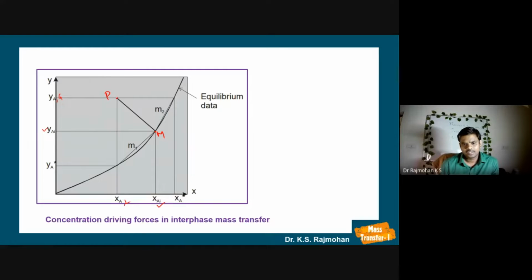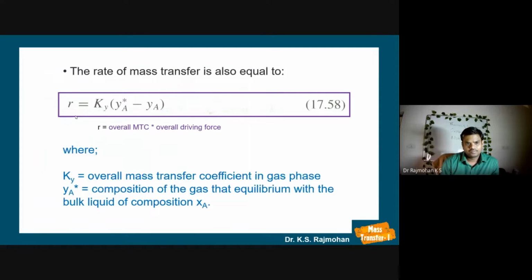Its corresponding values are your xa star and ya star. That's why we define the mass transfer rate r equal to capital Ky into ya star minus ya, where r is the overall mass transfer coefficient into the overall driving force.